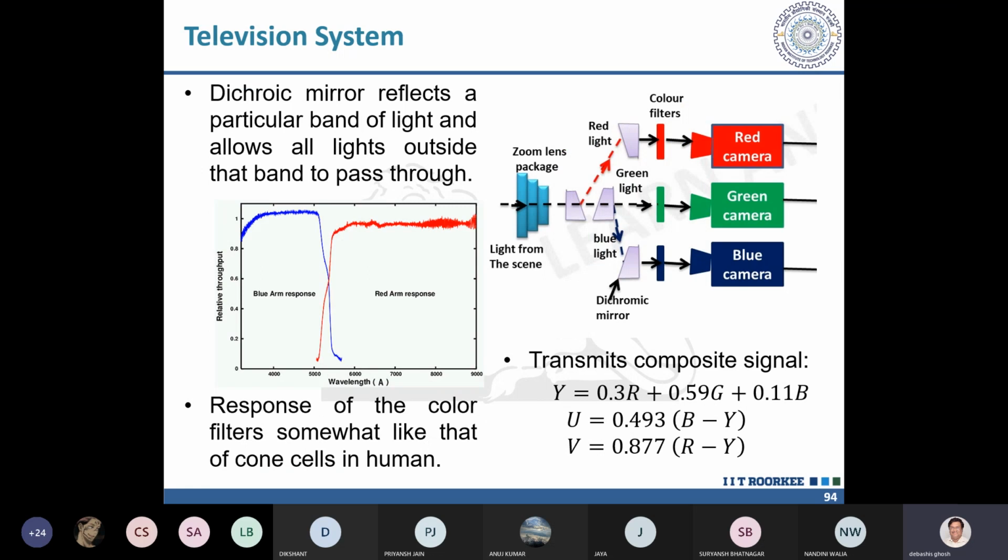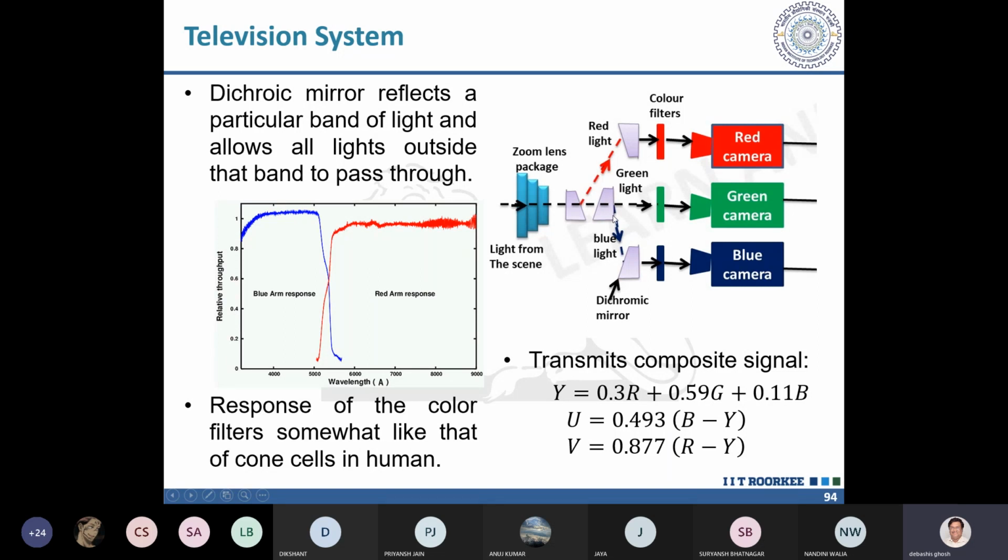Accordingly, the color TV camera is like this: the light coming in, you first filter out a portion which is near the blue, you filter out a portion which is near the red, and you allow the green portion to pass through. The portion in that range of frequencies is taken out and redirected, then filtered and sent to one camera.